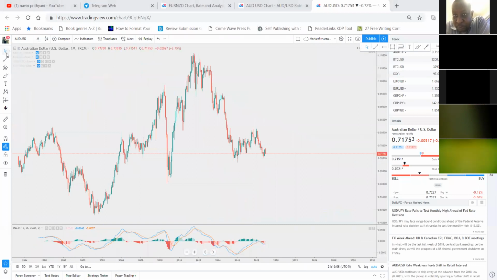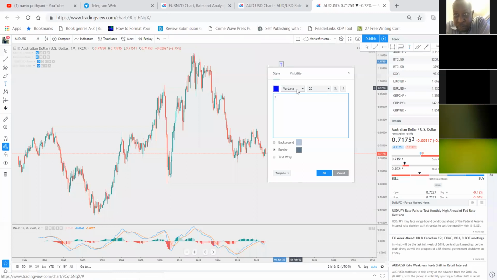All right, the rules for a trend line. Two touches makes a valid trend line. 3 touches verifies a trend.